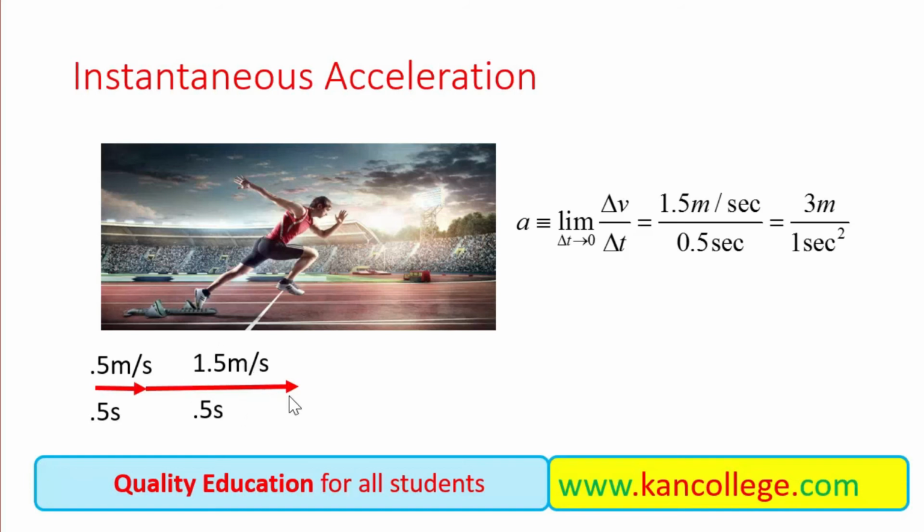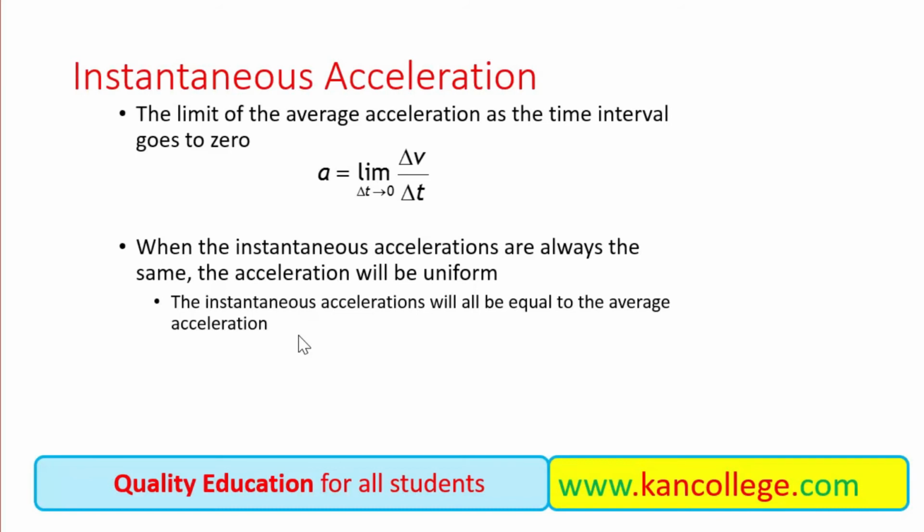If it continues with the same phenomena, then in a complete 1 second it will increase its speed to the value of 3 meter per second. And we say that the body has acceleration at this instant of value 3 meter per second.